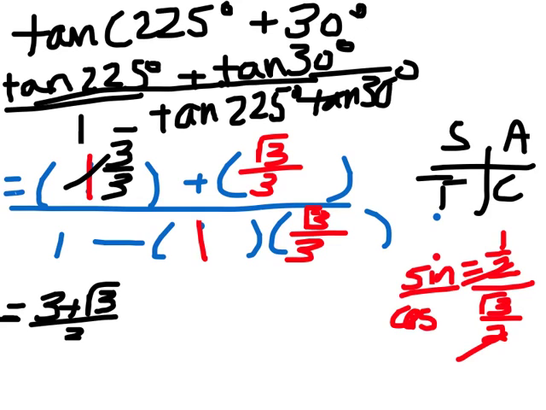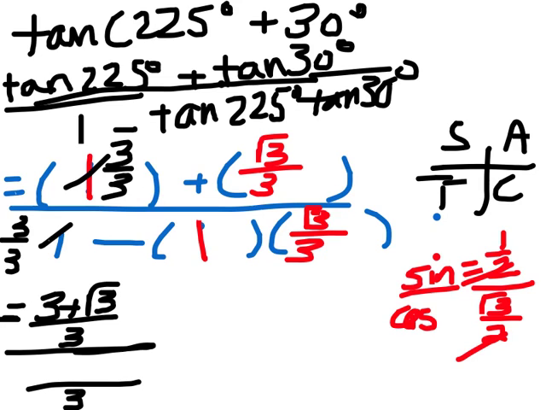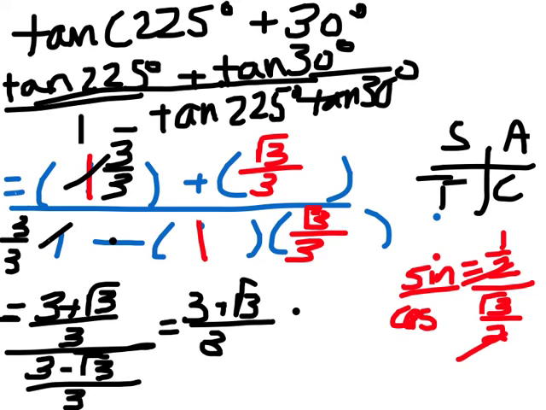And on the bottom, I could also rewrite 1 as 3 over 3, so I have a common denominator of 3, and it would be 3 minus square root of 3 over 3. Probably Katie's idea of taking the original sine and cosine over each other was a good idea, wasn't it? If we do this now, we'd have 3 plus square root of 3 over 3, and we would multiply times the reciprocal of the denominator.